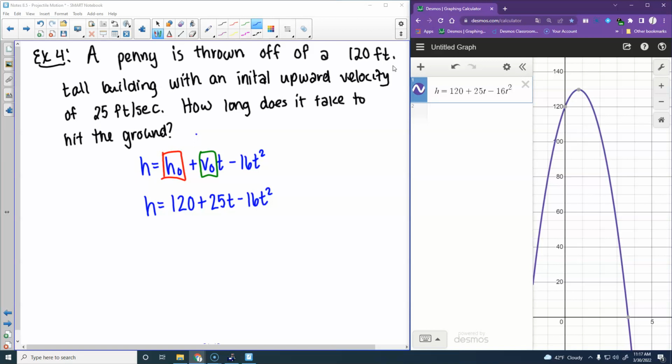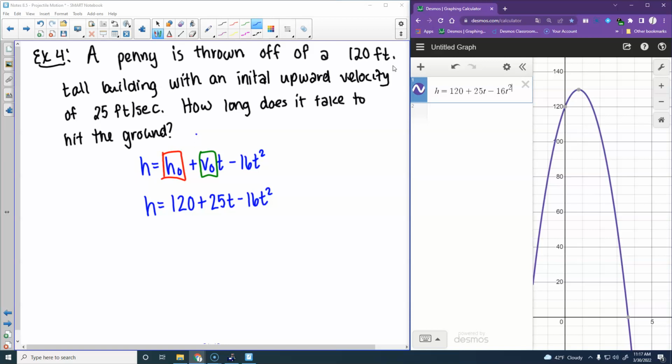Go over here to the range. Go down here to this Y. Yeah, I know the building was 120 feet tall, so I changed it to 120. It's going to be at least that. Then you might still zoom out a little bit. Yeah, there you go. Now you can see. So where's that going to hit the ground? Ground will be right here. Exactly.